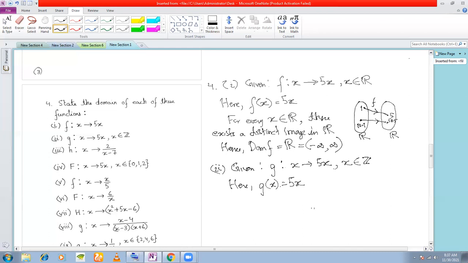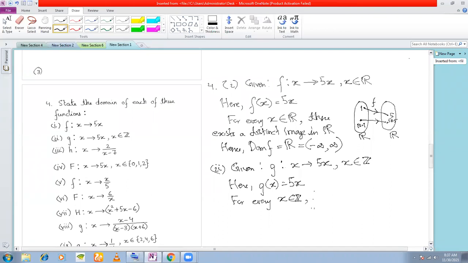Does every element in Z have an image in R? Yes. Can you take any value of x that does not have an image? Whatever integer value of x you take, you will have an image 5 times that value, right?